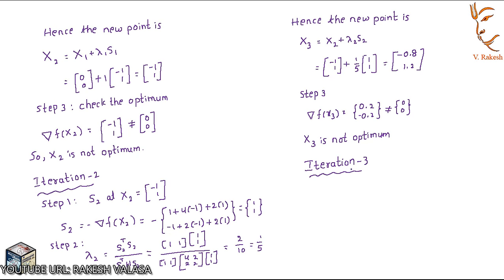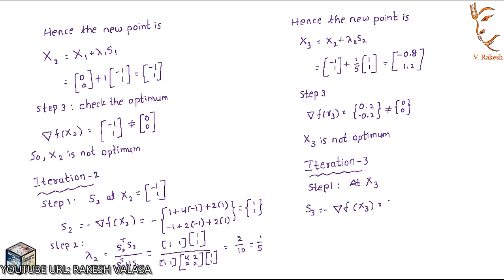In this also, step 1 means you can calculate the search direction S3 at x3, that is S3 equal to minus delta f of x3.